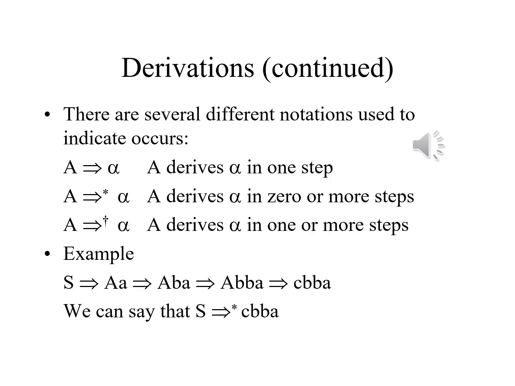If I have a dagger in its place, as you see here, that tells me that A derives alpha in 1 or more steps. So in the example we had earlier, we would write, as you see here, S double arrow asterisk c, b, b, a to indicate that S derives c, b, b, a in 0 or more steps.